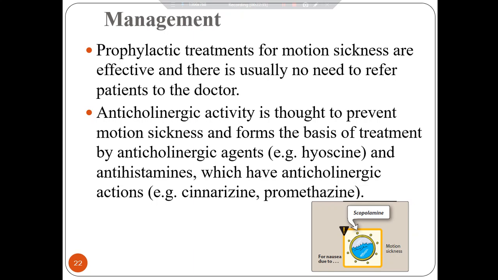Hyoscine according to British Pharmacopoeia, scopolamine according to USP. Antihistamines which have anticholinergic actions, such as cinnarizine and promethazine, are also very effective in prophylactic treatment for motion sickness.